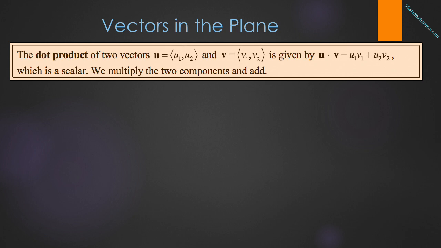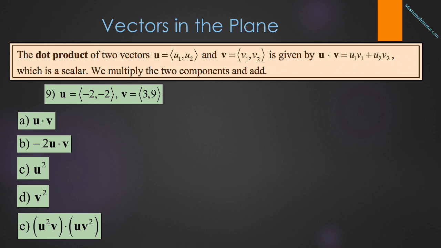The dot product of two vectors u with components u1, u2, and v with components v1, v2 is given by u dot v, which is u1 v1 plus u2 v2, which is a scalar. So we multiply the components and add. The product of two vectors is not a vector, it is a scalar.